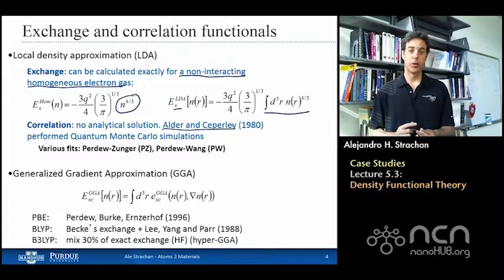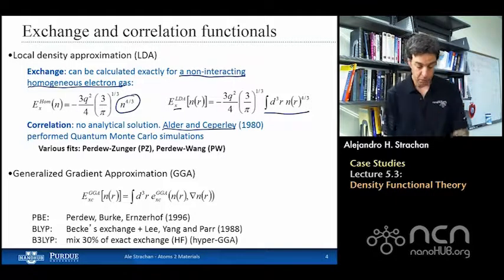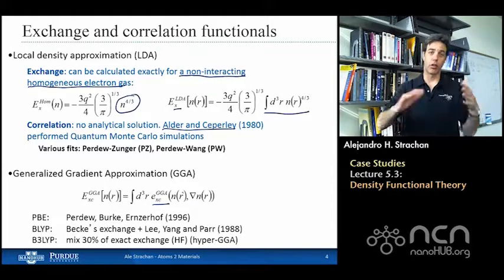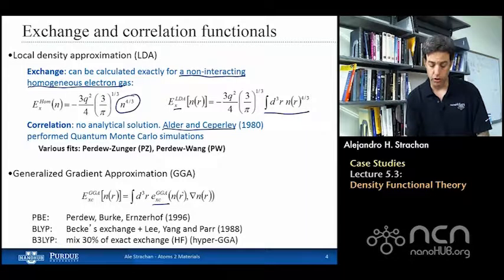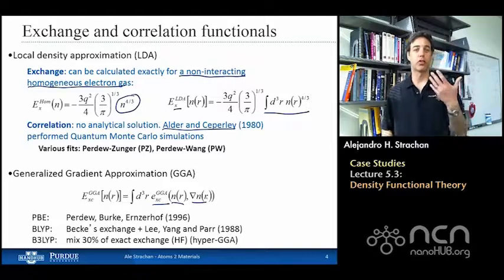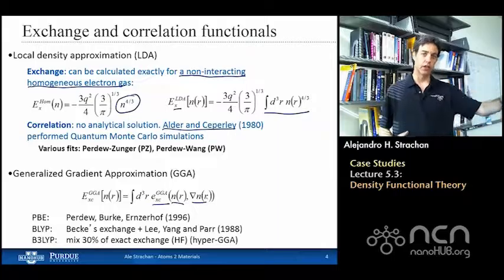The next level up is what's called GGA, generalized gradient approximation. And here, the exchange and correlation functional is an integral over space of some function of the local density, just like LDA, plus a function of the gradient of the density. So there are gradient corrections that account for variations of the densities.